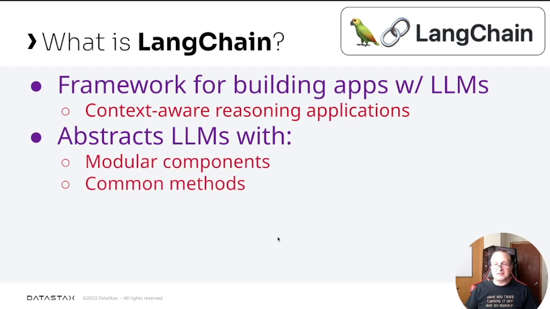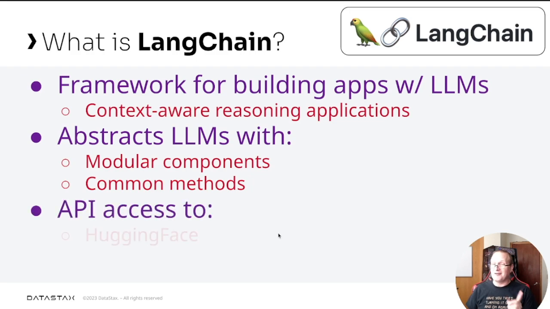So it provides you with things like modular components and common methods and ways that you can easily change in and change out the different models that you're working with, depending on the behavior that you're driving for with your application. It also gives you API access to both Hugging Face and OpenAI. So if you decide that you want to use an LLM as a service, LangChain can help you do that as well.